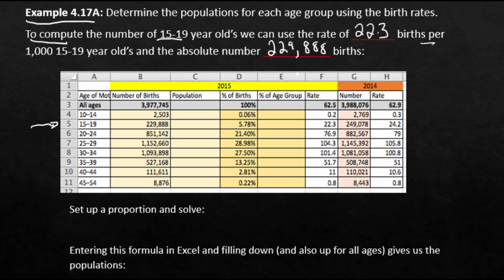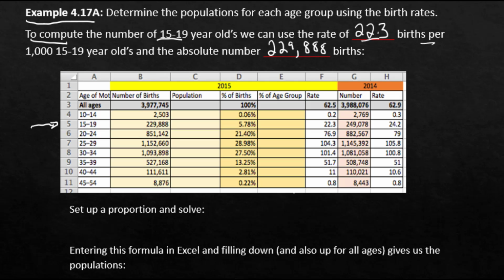Now recall that this is specific to this age group. I have the total births in that age group, and I have the rate at which that age group is having babies.